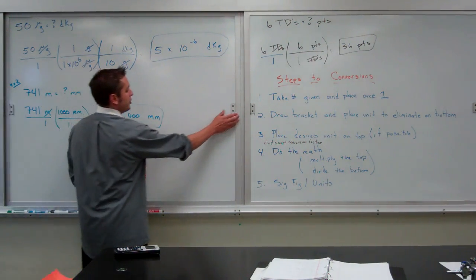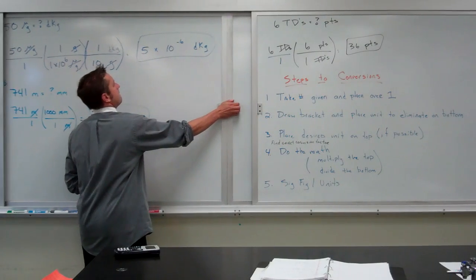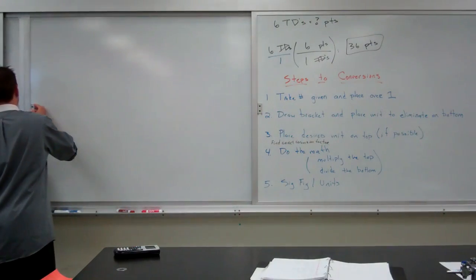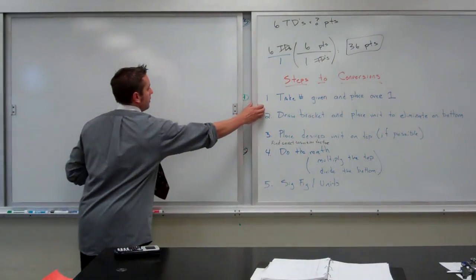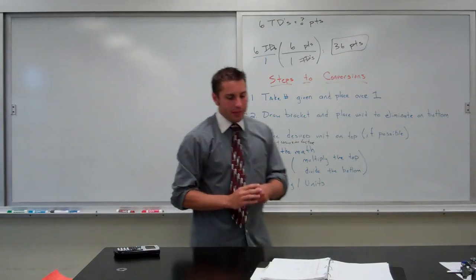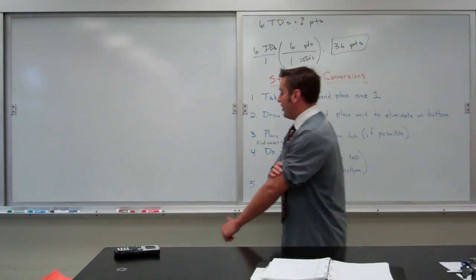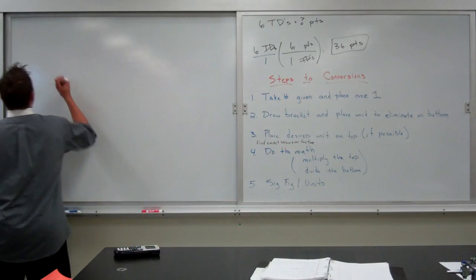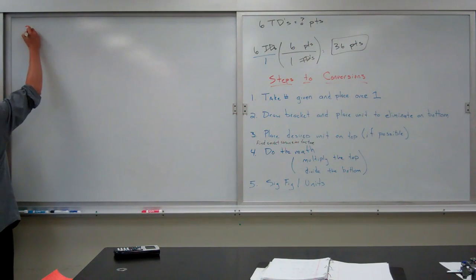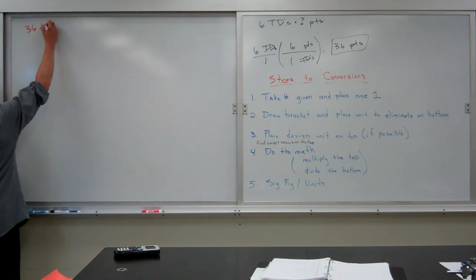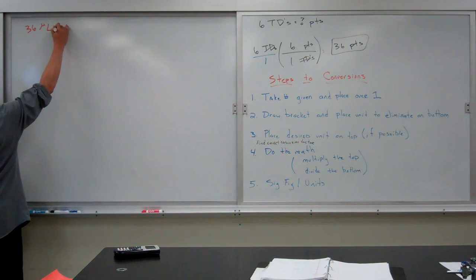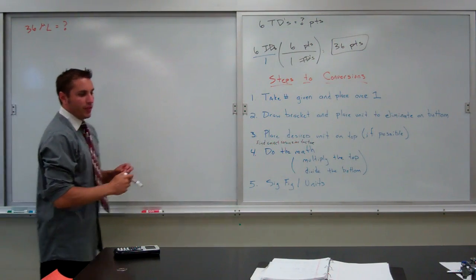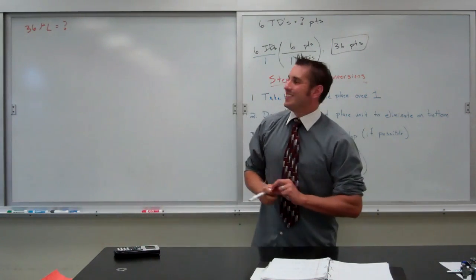Okay, let's try another two-step one. This time, let's take a look at something like 36 microliters and I want to convert that into decaliters.